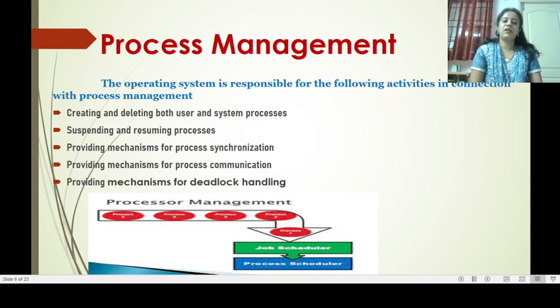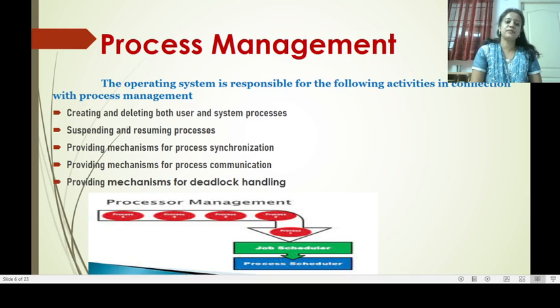Process management. We already know that a program in execution is called a process. The operating system should take the decision of when a process should use the system resources, at what time and when. There are a number of system processes or user processes running on the system at the same time.